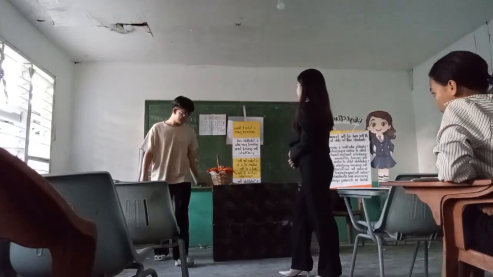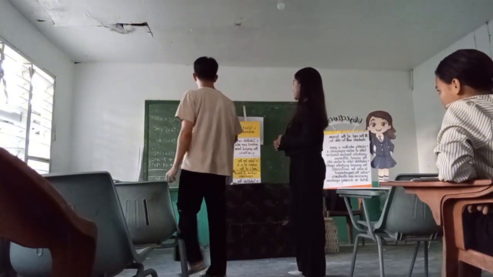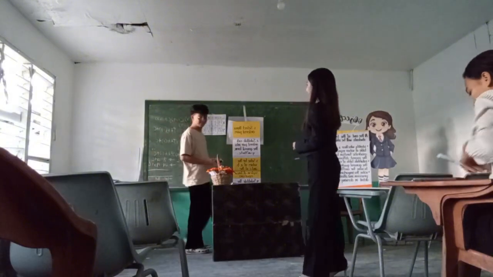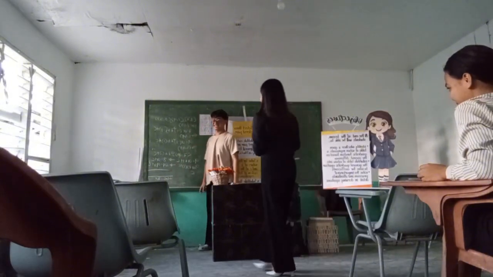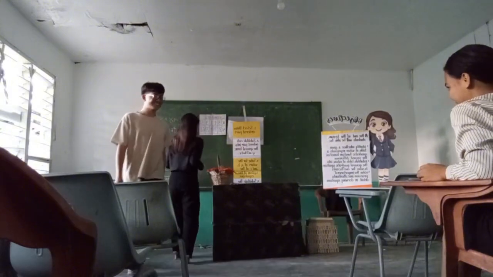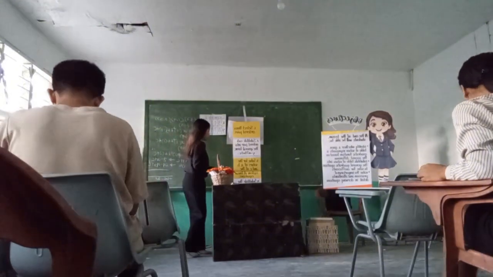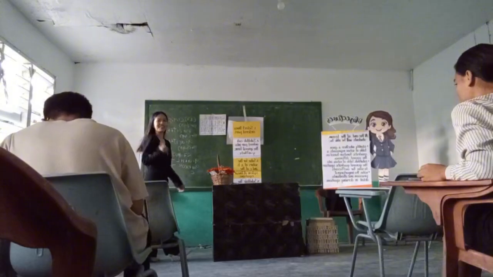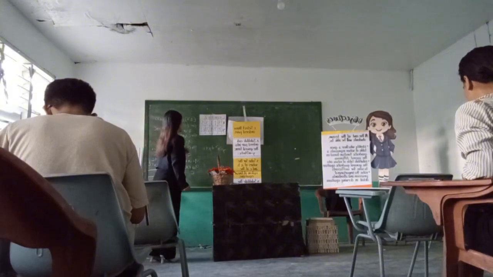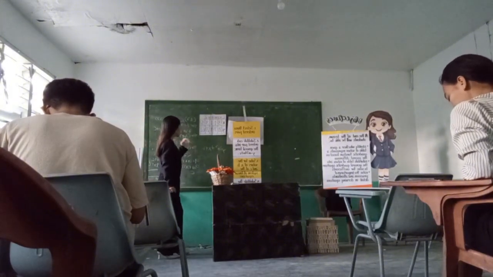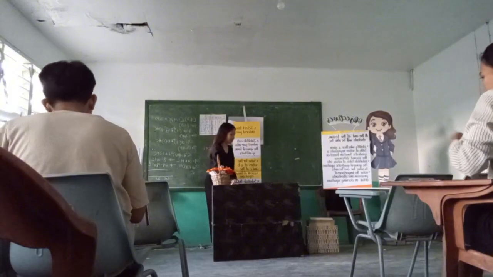Okay, thank you, Mr. Joshua. Can you explain your work? Thank you, Mr. Joshua. Please sit down. So, for the example number 2, we got an equation of y equals 2x squared plus x plus 6. So, let's give Joshua a round of applause.